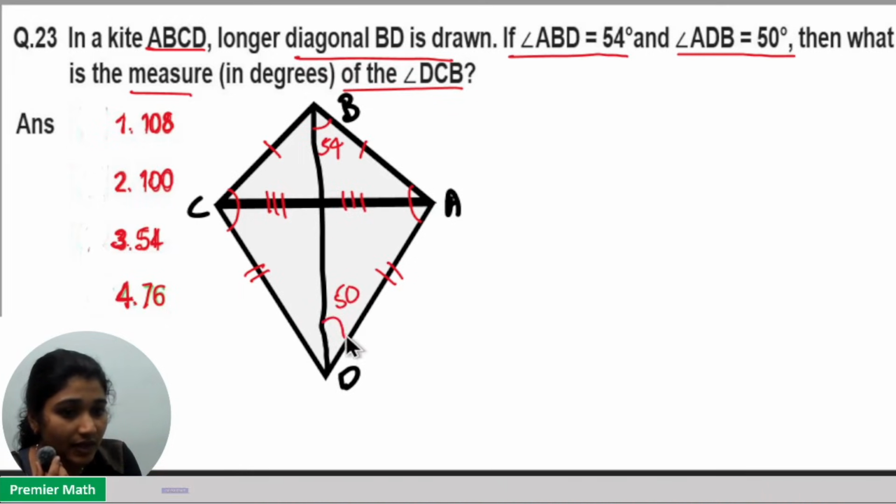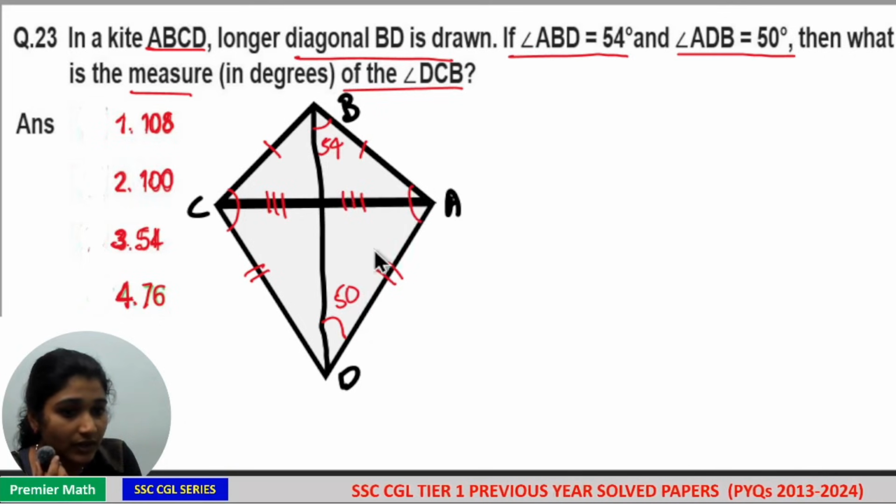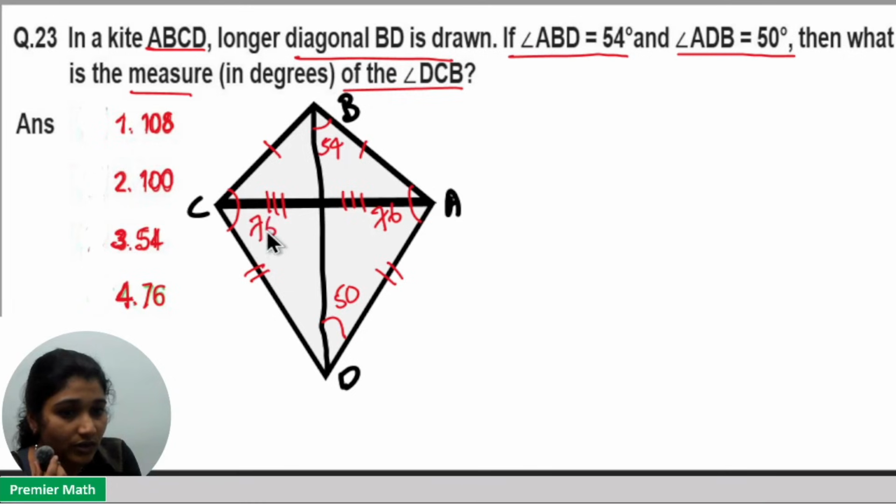Then from this triangle BAD, this angle is equal to 180 minus 54 minus 50, which is equal to 76 degrees. Then these two are equal. So angle DCB equal to 76 degrees. Option 4 is your answer.